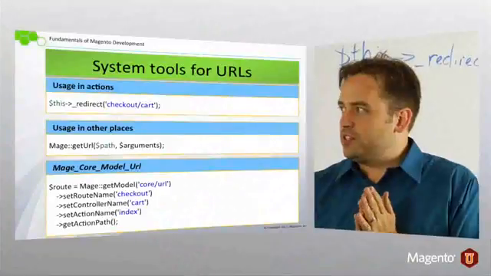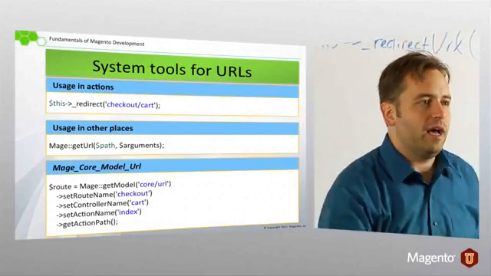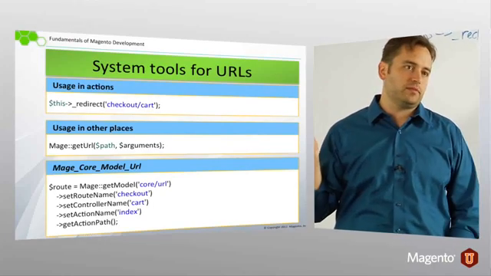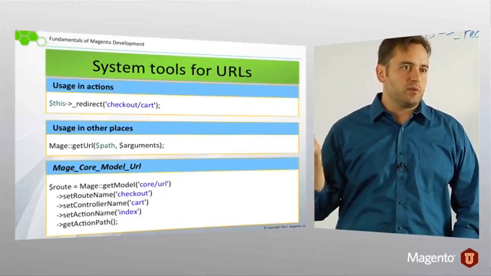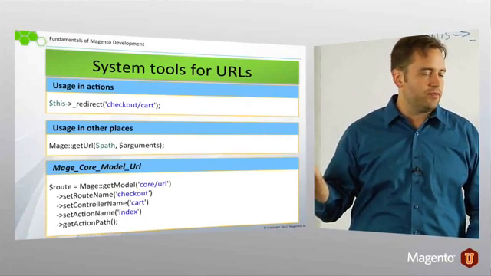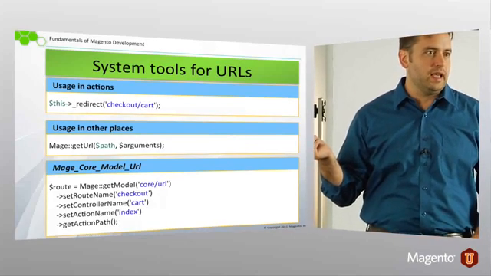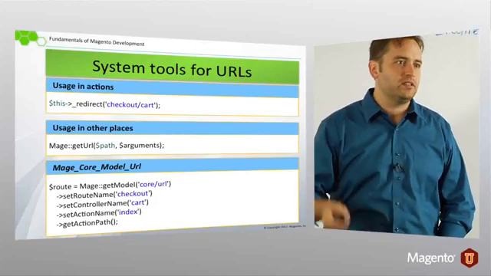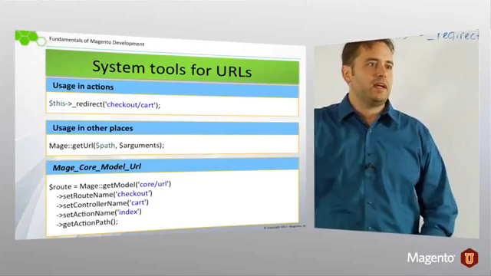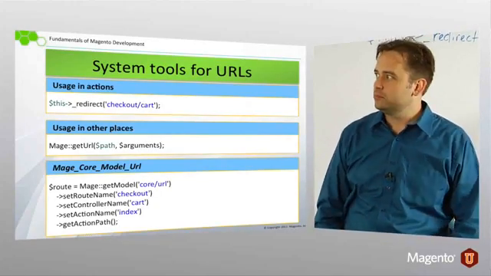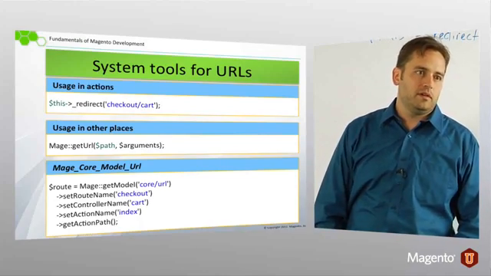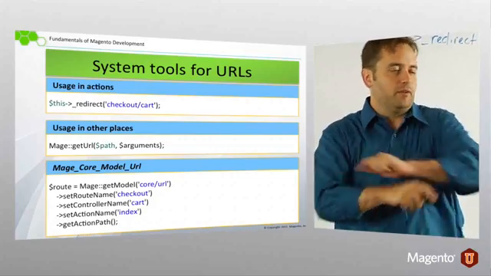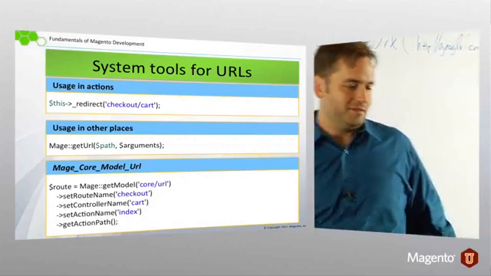This is used, for example, in the customer module, redirect. So if someone tries to log in and they've provided invalid credentials, well, you just call redirect, maybe set an error message and kick them back to that login page. So this stuff is used all the time. And if you want to have fun, you can just redirect to one module and have that redirect back. Hit that error message.